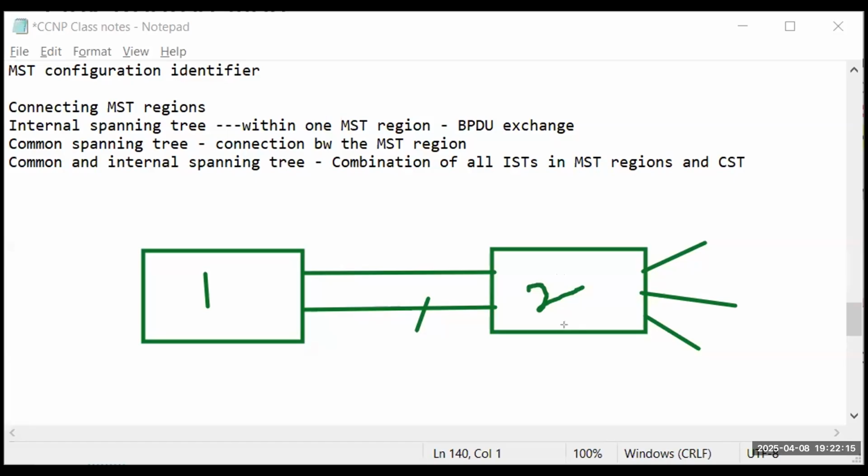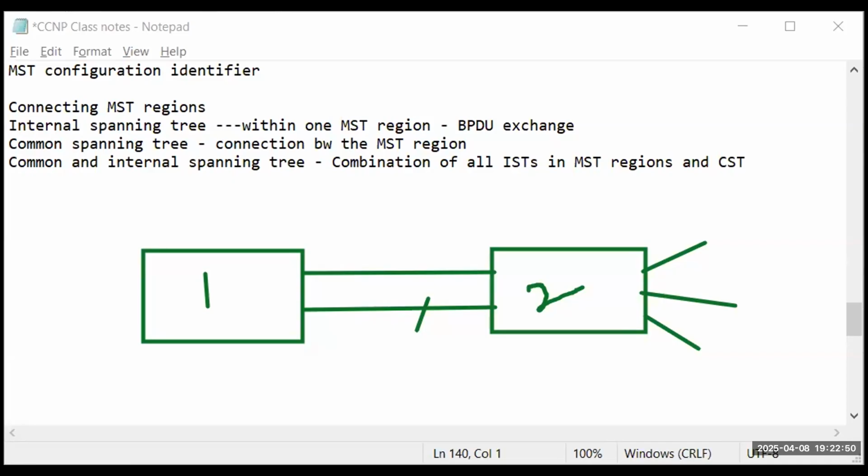But how do I achieve sufficient bandwidth between the switches for my users, servers or network resources to access? I can achieve that with the help of EtherChannel configuration. That's why the word EtherChannel comes into the picture. EtherChannel is nothing but a link aggregation technology.